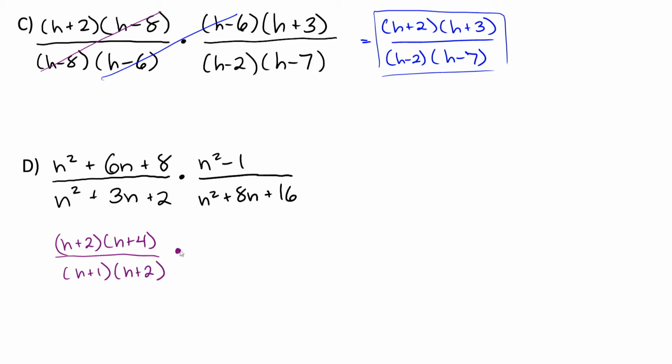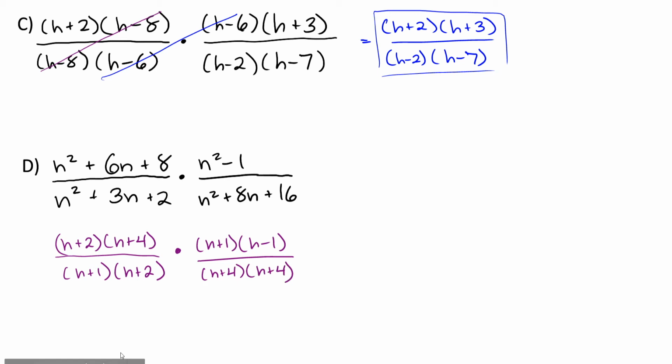Now we'll factor the second rational expression. N squared minus 1 is difference of perfect squares, so this will factor into n plus 1 times n minus 1. Then we have n squared plus 8n plus 16, and that's going to factor into n plus 4 times n plus 4.